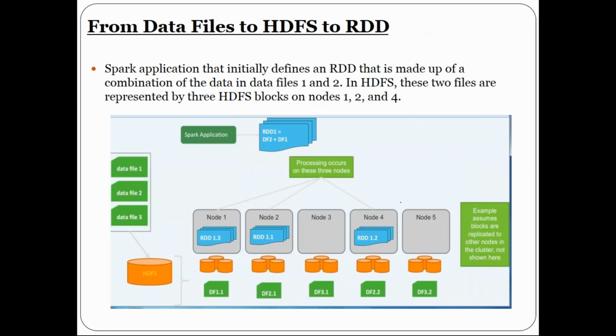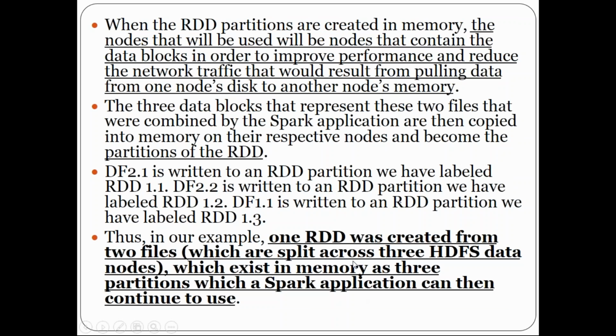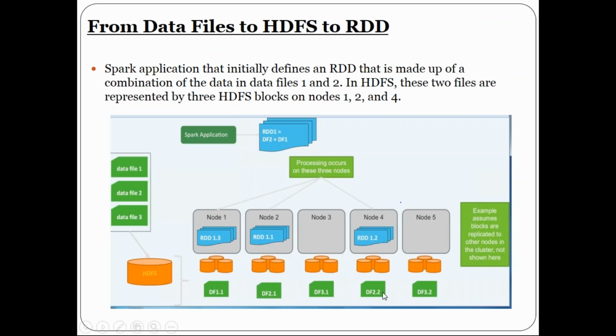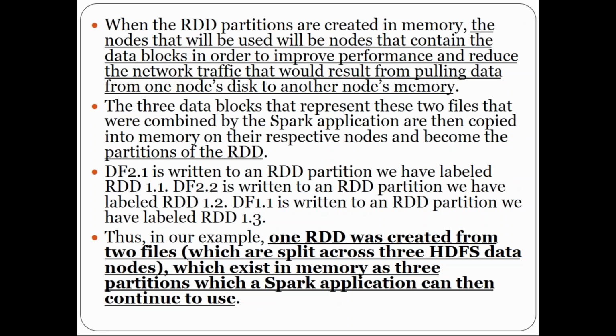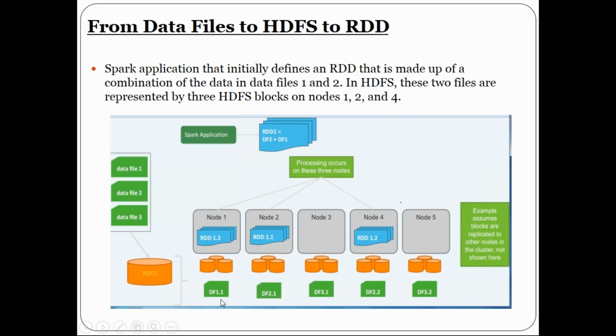And your data file 1.1 is written to an RDD partition we have labeled as 1.3. So here you have three partitions.